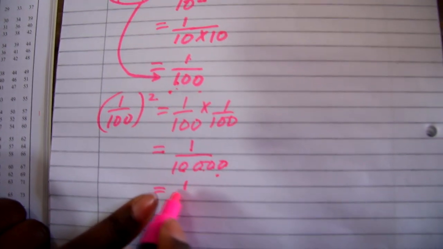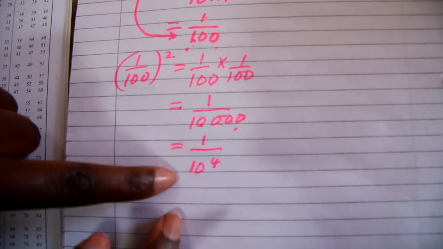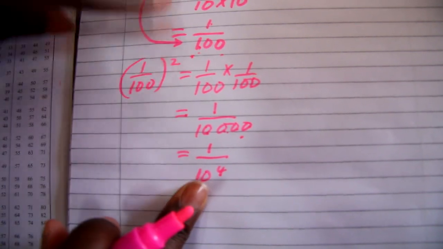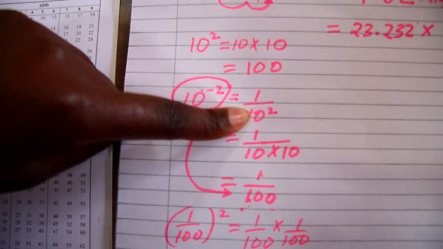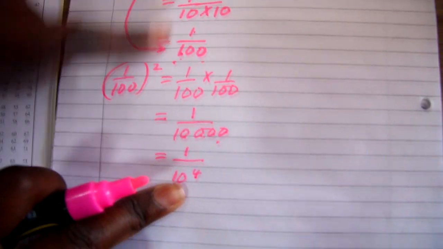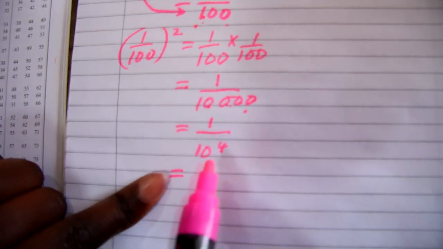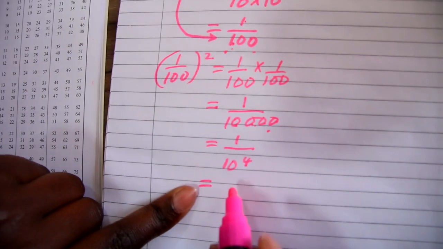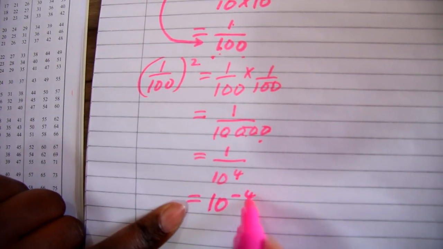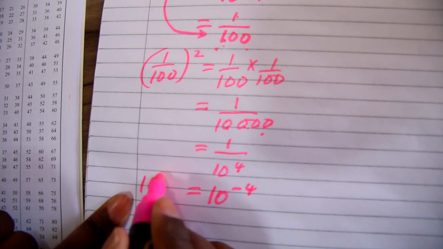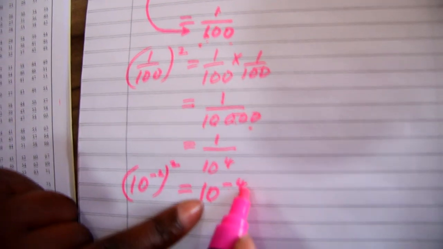So this is the same as 1 over 10 power 4. Alright? So you realize that the square of 10 power 2 is equal to 10 power 4. So if we write this in a way that we don't have a fraction, we will have to introduce a negative to the power. So this will be 10 power negative 4. So the square of 10 power negative 2 is equal to 10 power negative 4.